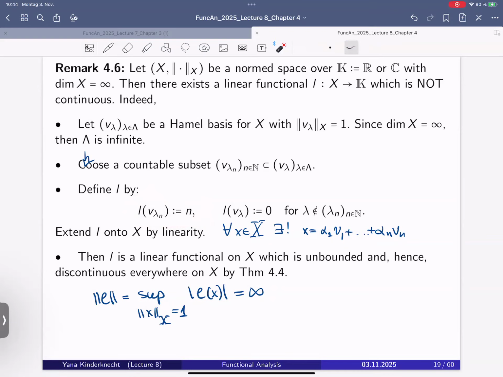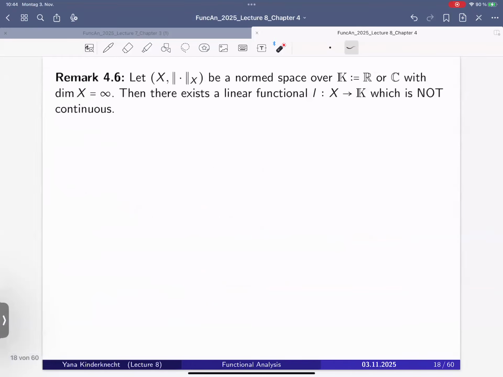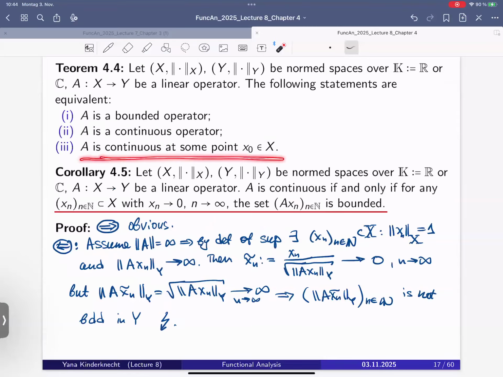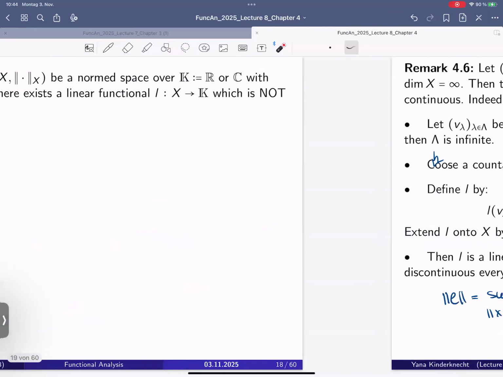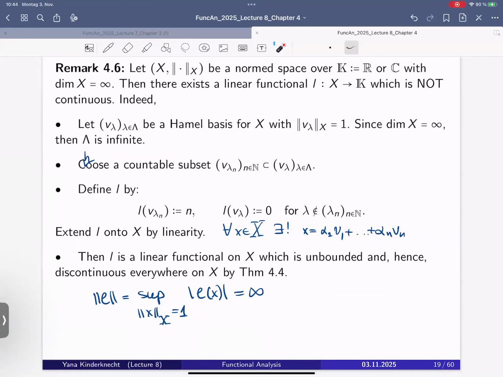Hence, L is not bounded, and hence it is not continuous. But this means also that it is discontinuous everywhere, because continuity at only one point means continuity everywhere. So if we have a linear operator, if it is bounded, it is continuous everywhere. But if it is not bounded, it is discontinuous everywhere. And this is a construction of such a functional.